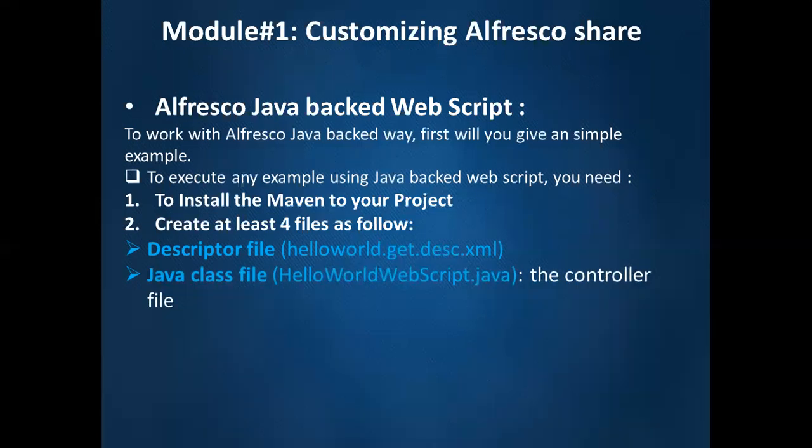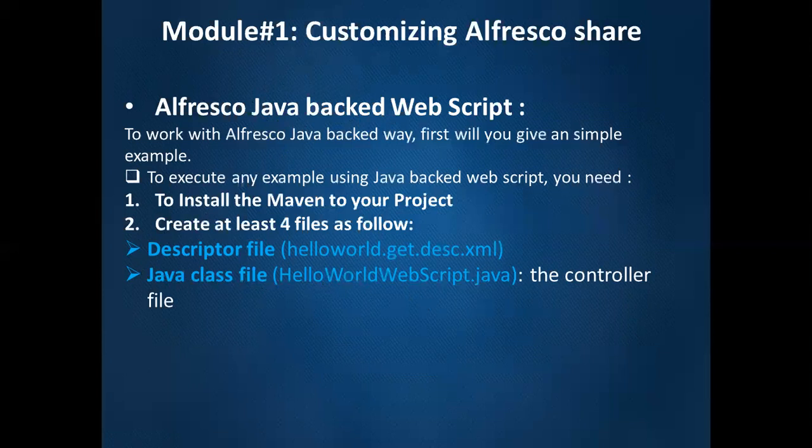The next file is the Java class file. As I said, today's lesson is Java backend, so automatically we need a Java class file. The ID name of my Java class file is HelloWorldWebScript.java. You can give any name you want.